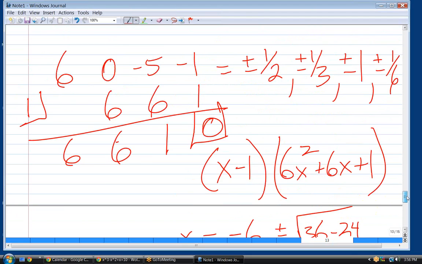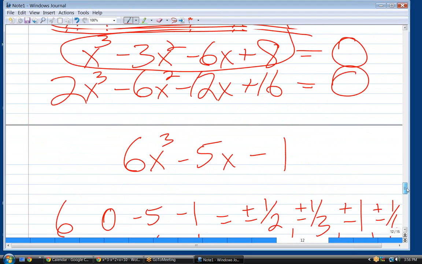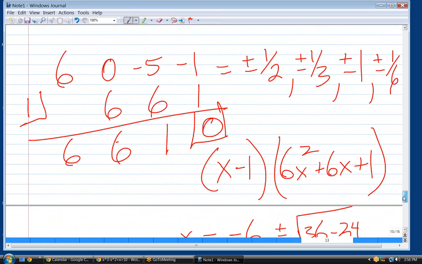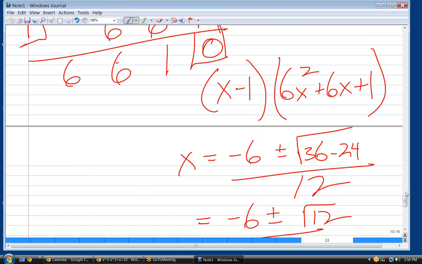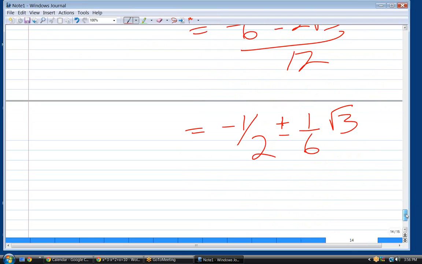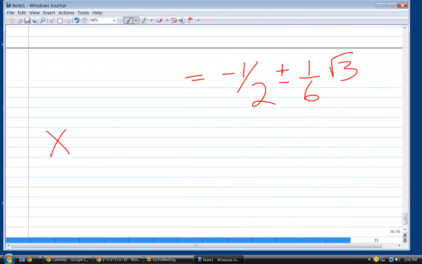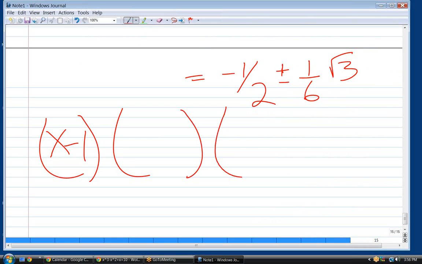So our three solutions would be, what was our first one? X minus 1. So it would be x minus 1 times what? They're not complex. They're real.